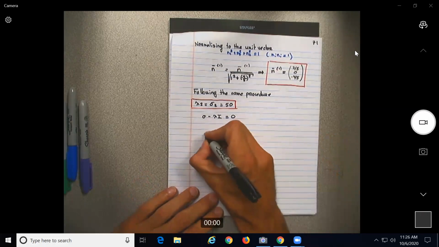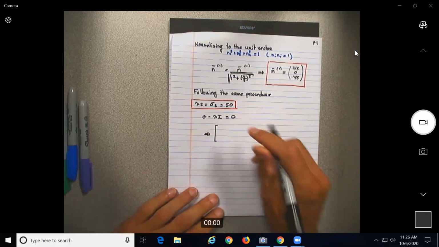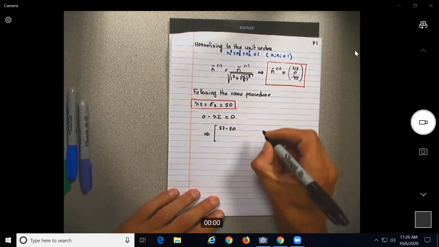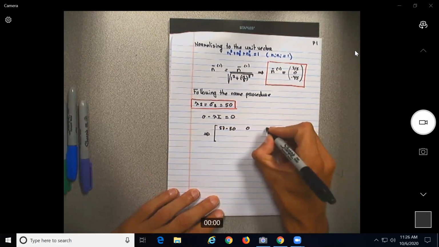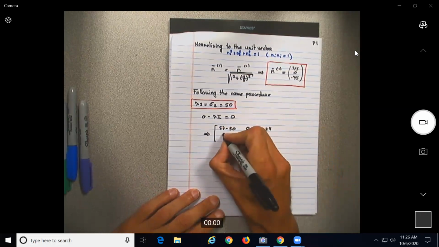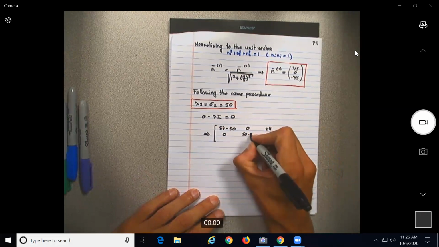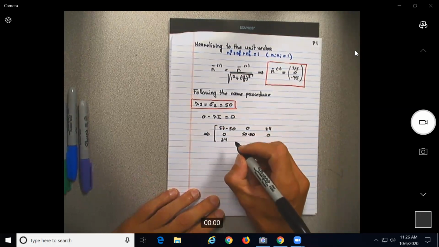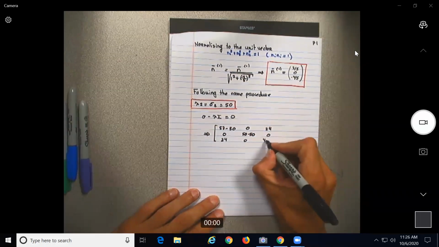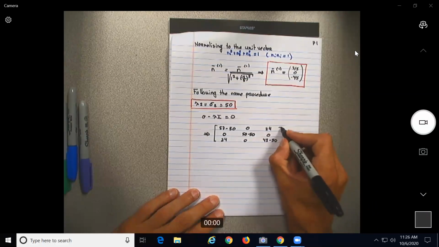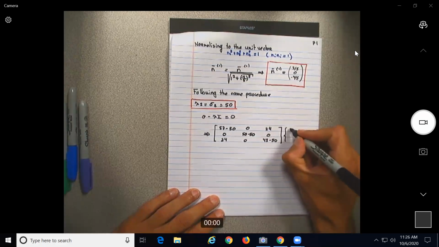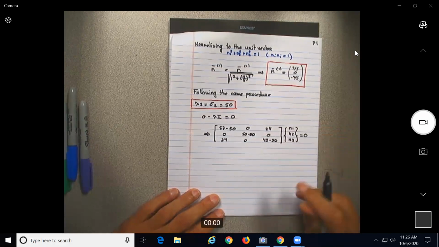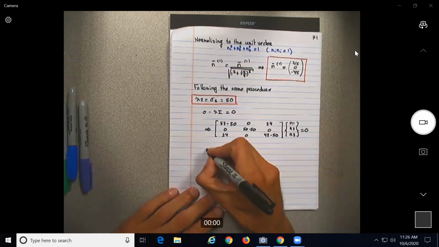So here we're going to have 57 minus 50, 0, 24, 0, 50 minus 50, 0, 24, 0, 43 minus 50, times n1, n2, n3, equal to 0.